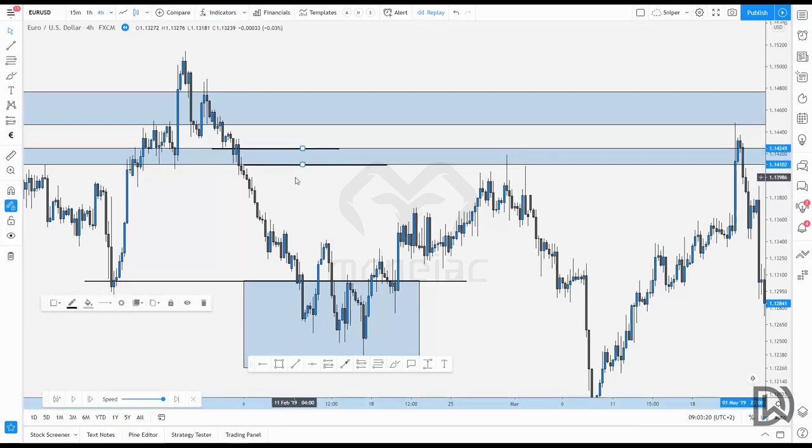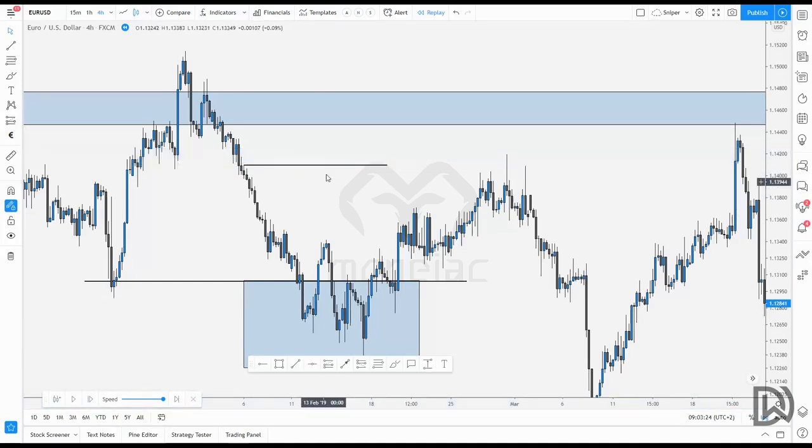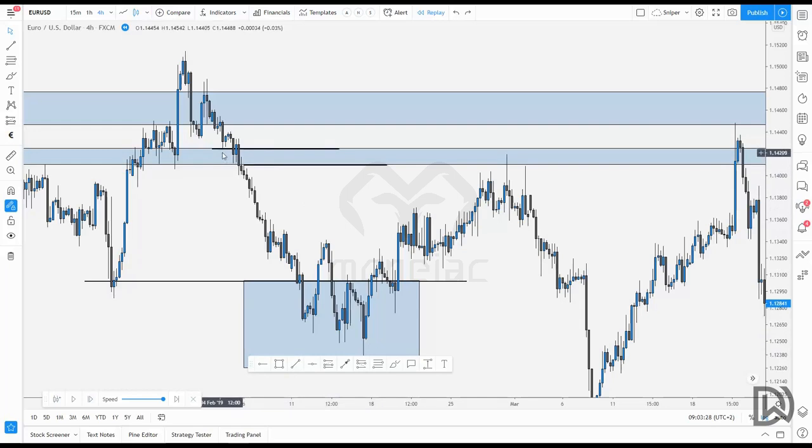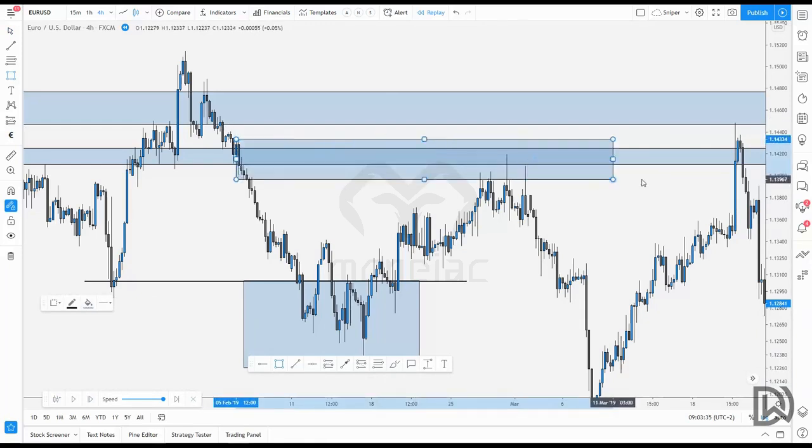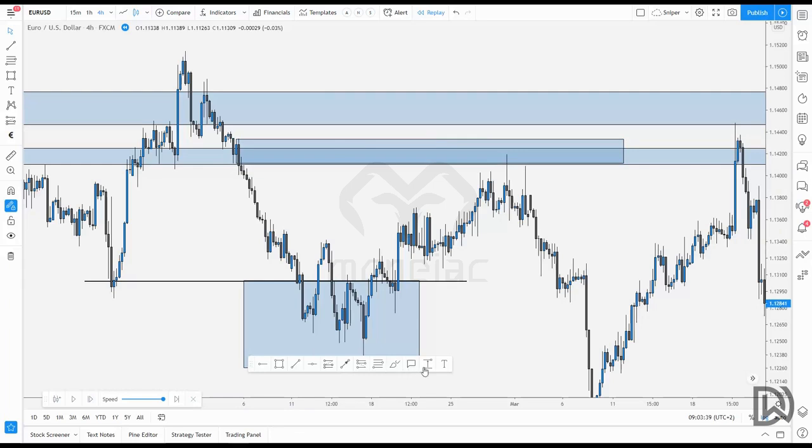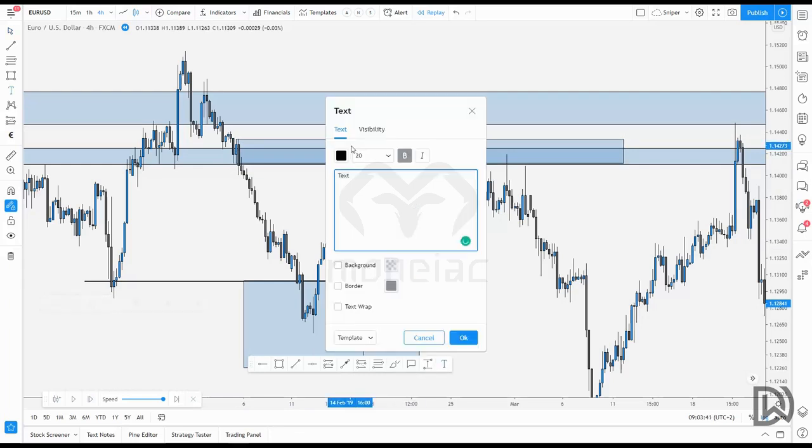So we know this is an imbalance, but let's define it better. We have that imbalance, but then we also have a 4 hour order block.